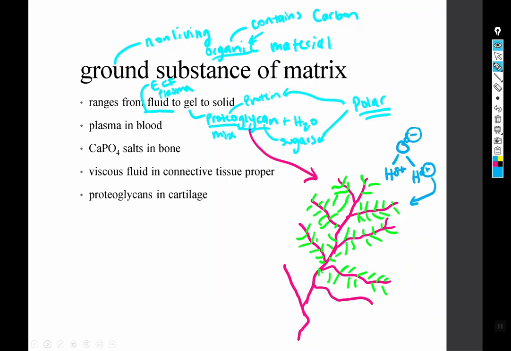So what you end up with is, I'm going to make just a dot. So my dot here equals a water molecule, just because I don't want to write H2O over and over again. But these branchy, very polar molecules tend to attract water molecules.